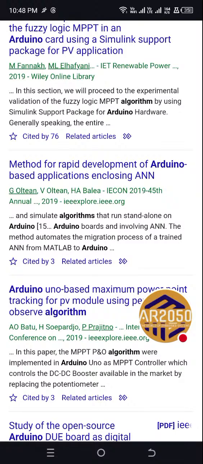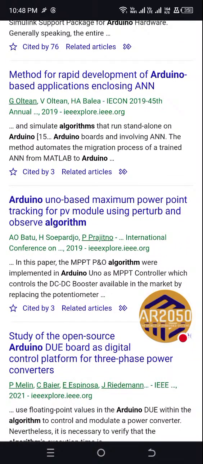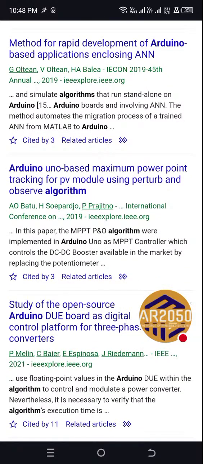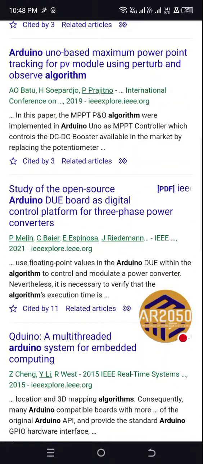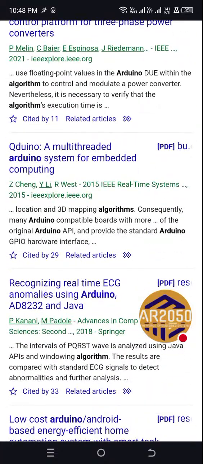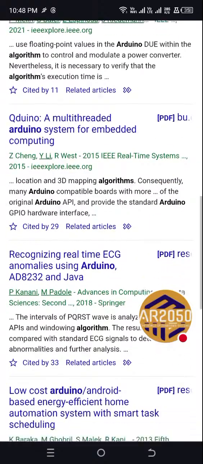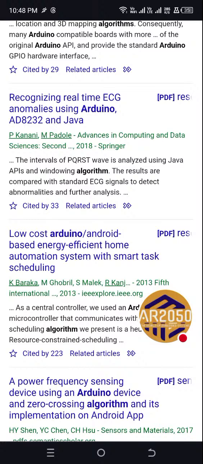Method for rapid development, ANN. I kinda hate ANNs nowadays. Arduino UNO based maximum power point tracking for PV, study of the open source Arduino Due board. Real-time ECG anomalies using Arduino, 8086 and Java. The intervals of the PQRST wave are analyzed using Java APIs and a windowing algorithm. The results are compared with the standard ECG signal to detect abnormalities.